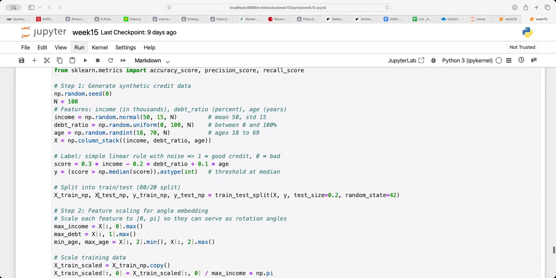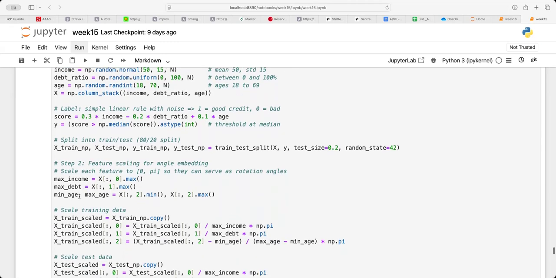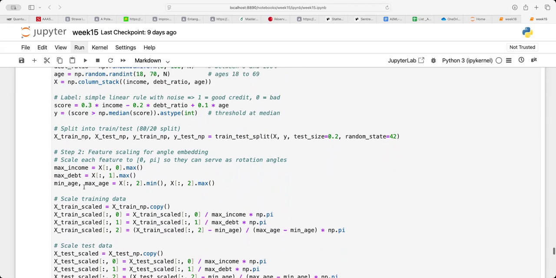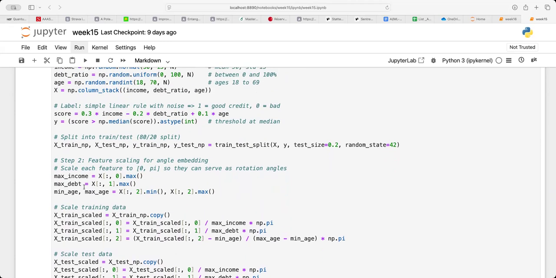And you can see again that we use the standard libraries like scikit-learn and set up data into train and test. And then we set up max income, max debt, and min age and max age, and then scale the data. So this part here is just the classical pre-processing.